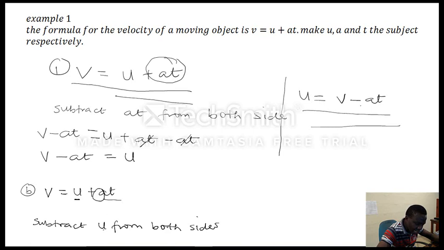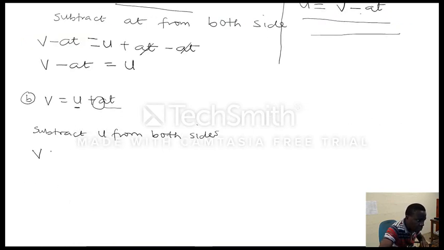Since U is carrying a positive sign, I'm going to subtract it from both sides in order for it to move to the other side. So subtracting U from both sides, we have V minus U is equal to AT, because U has been subtracted from both sides. I now have AT on the right hand side.